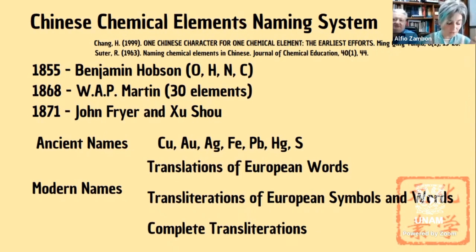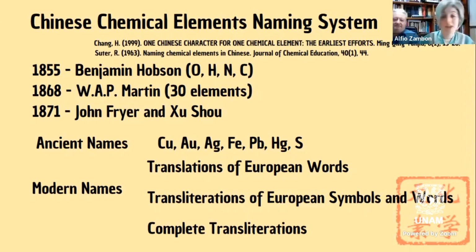And also they decided that there's going to be only 1 syllable, 1 character for each element. For some of them, they use the first syllable in English or in French or in German, because sometimes they translate it from German, and they added the radical indicating the property of the element.